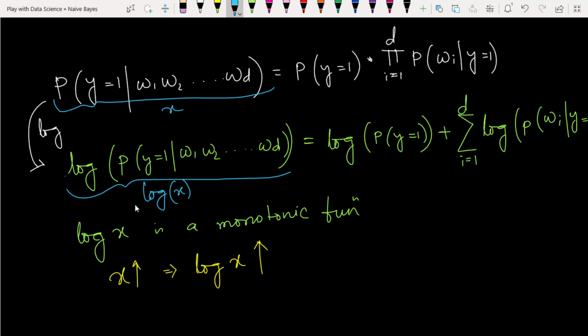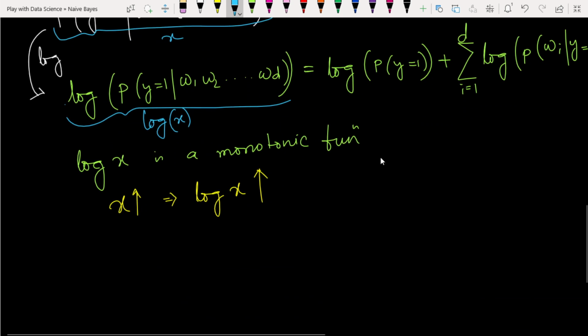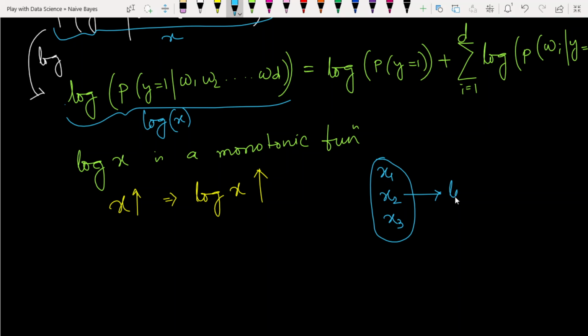Actually, we have to compare. Suppose we have three numbers x1, x2, x3, and we are comparing between these three numbers. Let's say x2 is the largest.